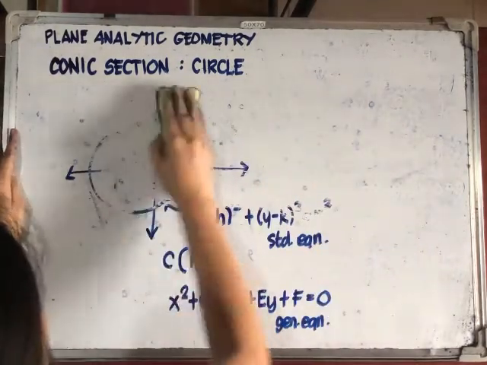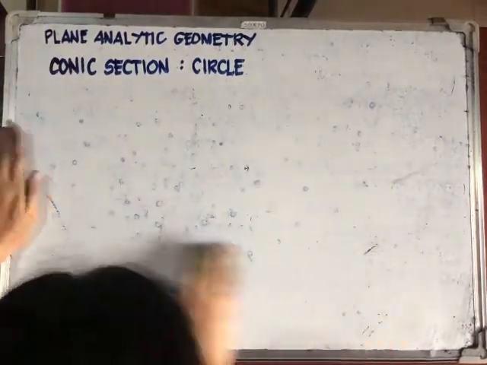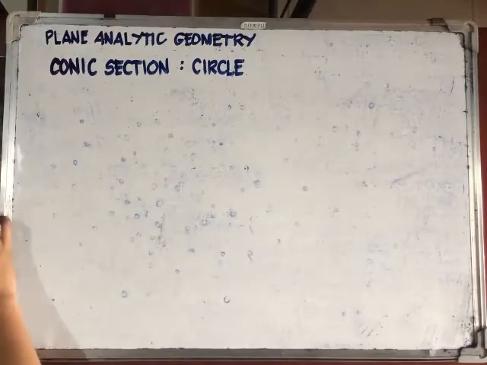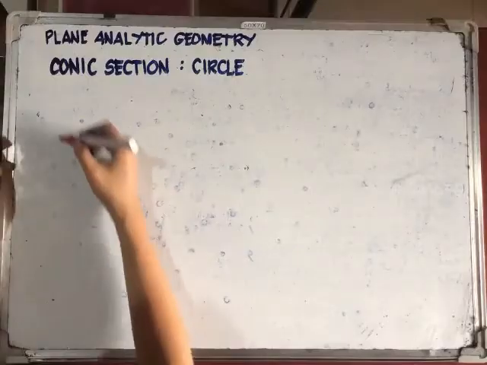Okay? Sige, mag-sample problem tayo sa circle para malaman nyo kung ano yung pwede natin ma-encounter sa ganitong type of topic. Ayan, we have our problem. Find the equation of the circle whose center is (2, negative 3), and radius is 3. Very easy.